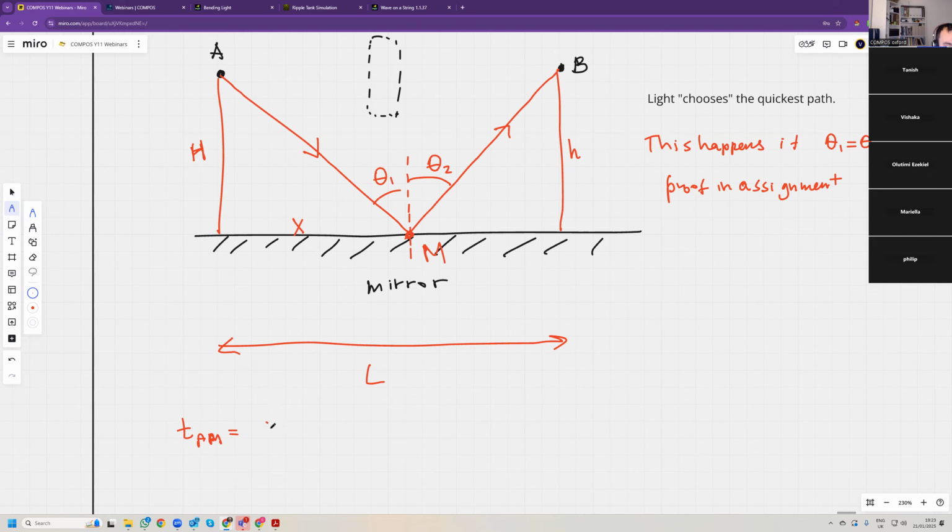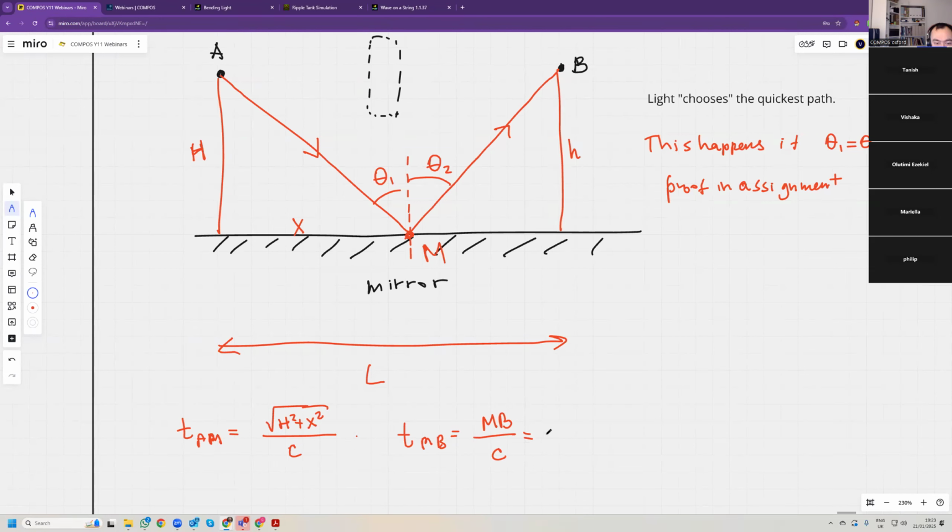So that's square root of h squared plus x squared divided by the speed of light, c. And time from M to B is the distance MB divided by the speed of light, c.